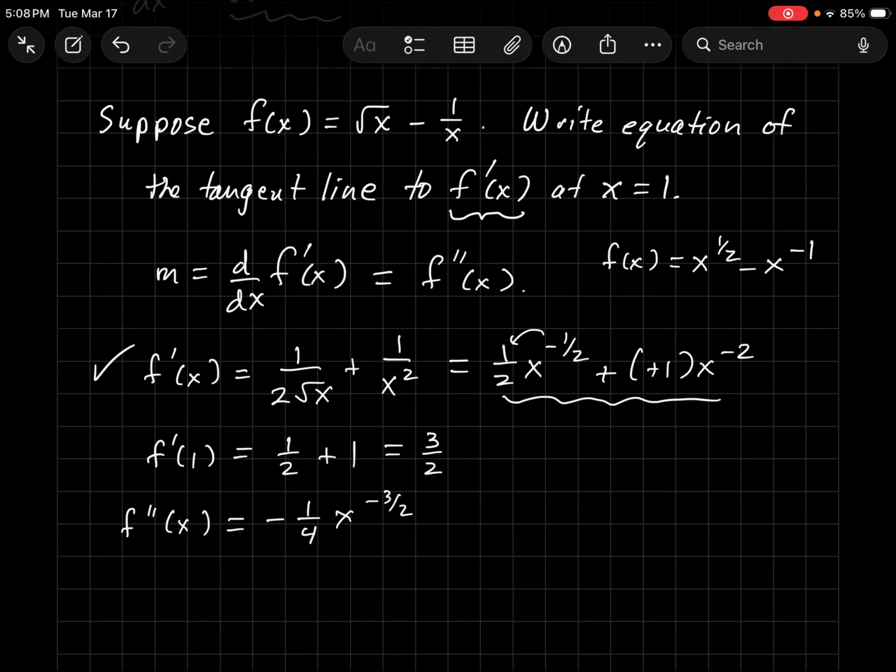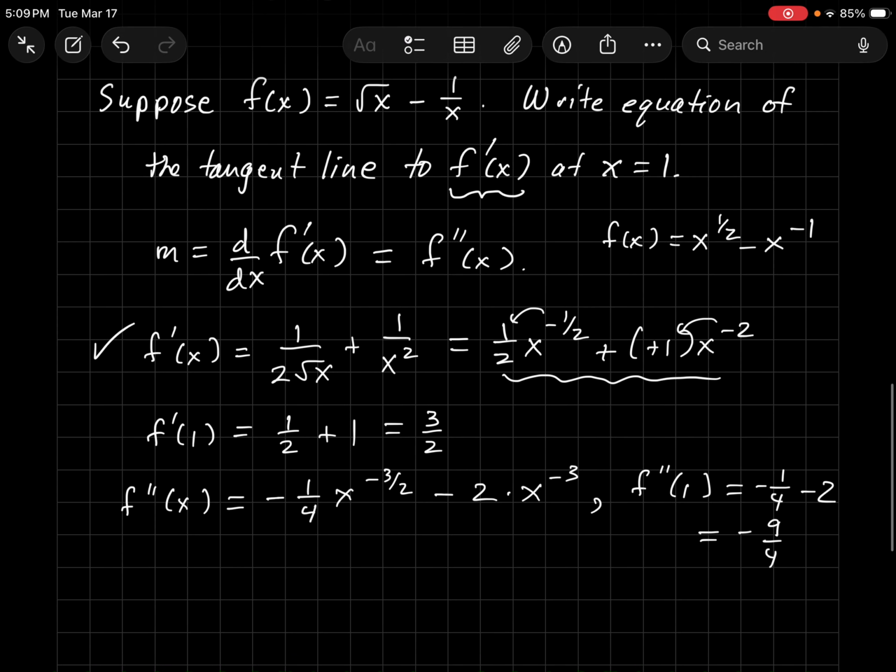And then over here, I will do plus a negative 2, because I'm bringing the power down in front, times x, subtract 1 to get to the new power, which gives me f double prime of 1 is negative 1/4 minus 2, or negative 9/4.